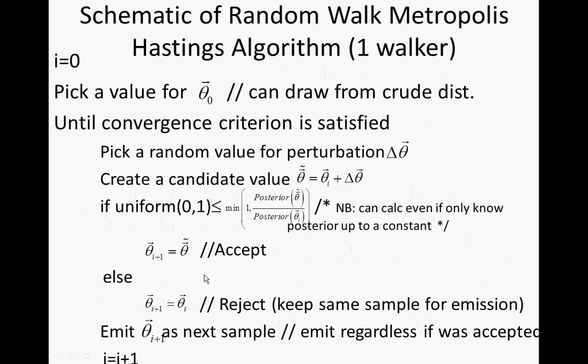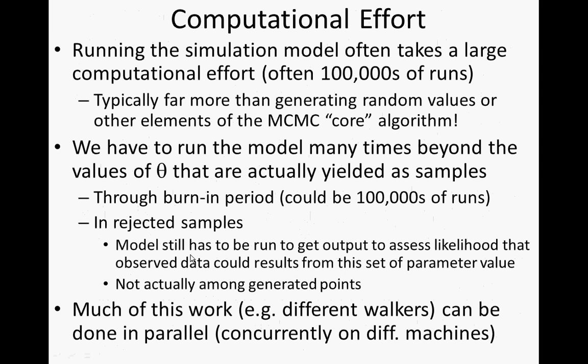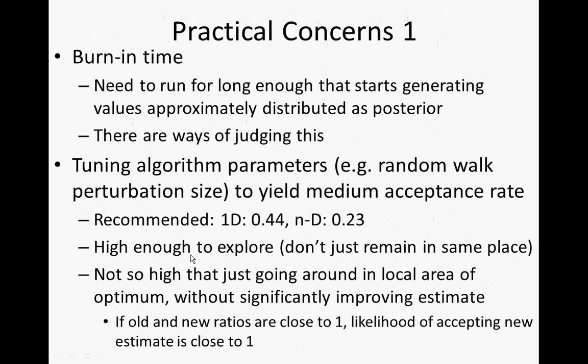Let's talk about some practical concerns beyond the raw computational effort. First issue is burn-in time. Typically, we do need to run it long enough that it starts generating values approximately distributed as posteriors. And there are ways of doing this.